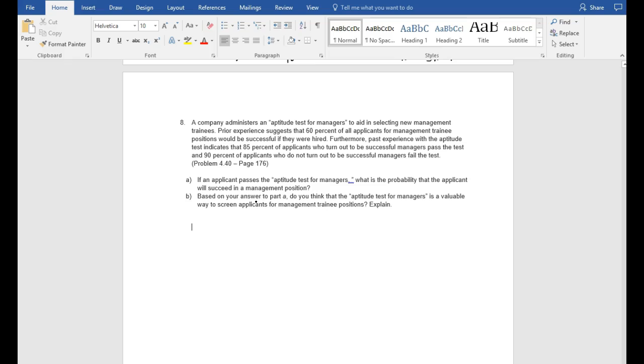On the left-hand side, we're going to put S being a successful manager and S complement as not being a successful manager. And then I'm going to use T for passing the test and not T for not passing the test.